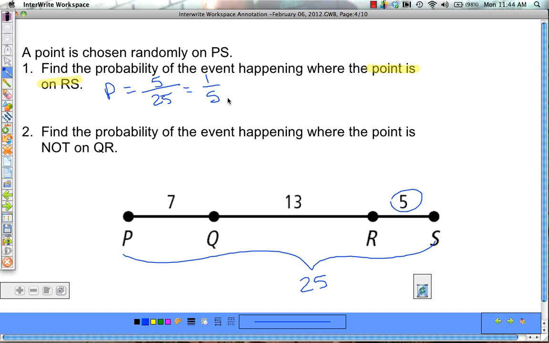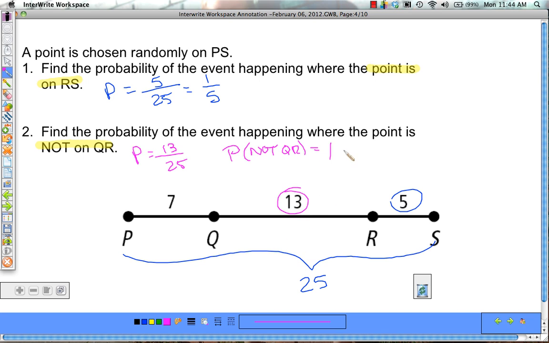But let's look at the probability of the event happening where the point is not on QR. So if they want that not, let's see what it would be to be on QR. So to be on QR, it would be 13 out of 25. So now, the probability of it not being on QR, if we have a probability of 1, that means it's going to happen no matter what.